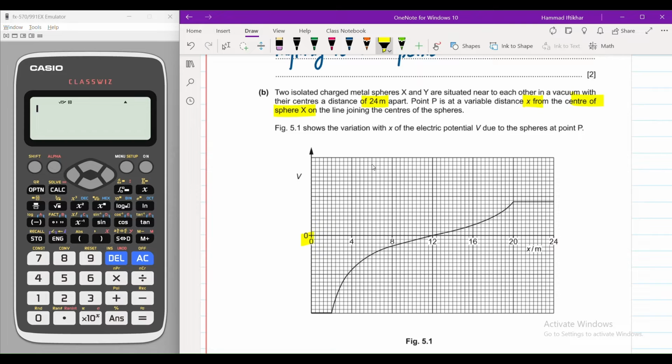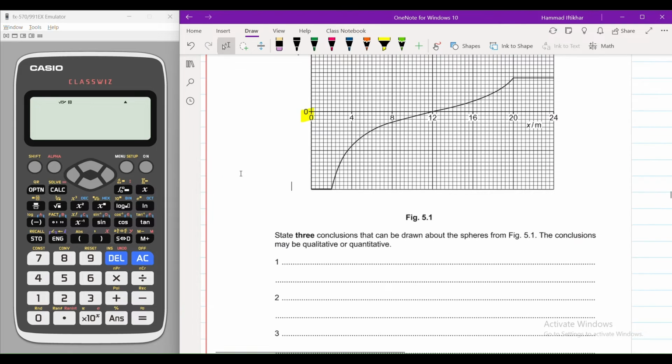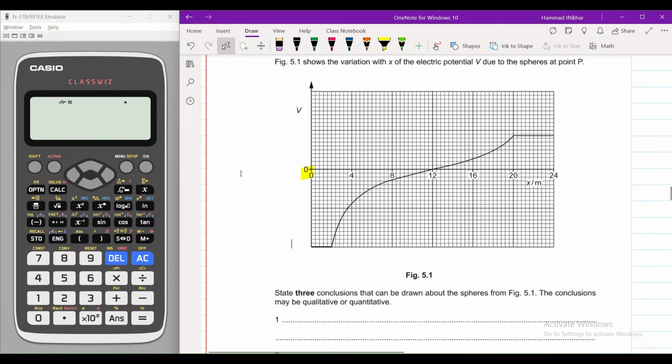The graph shows the variation with x of the electric potential V due to the spheres at point P. State three conclusions that can be drawn about the spheres from the graph. Conclusions may be qualitative or quantitative.